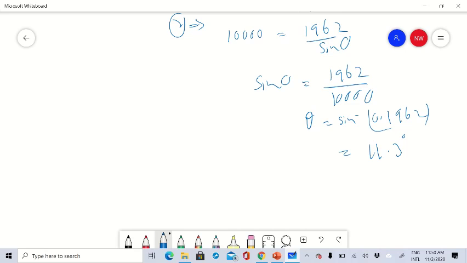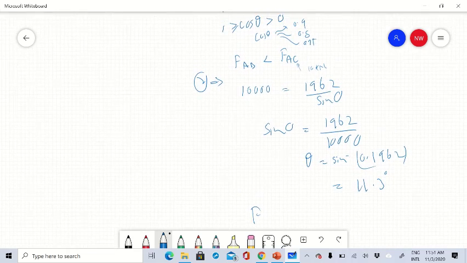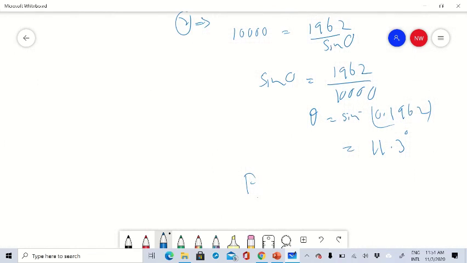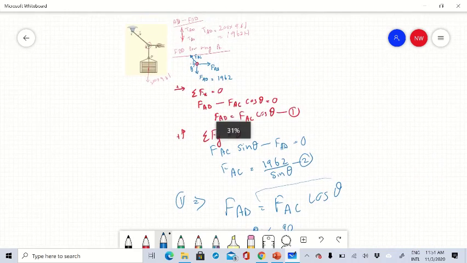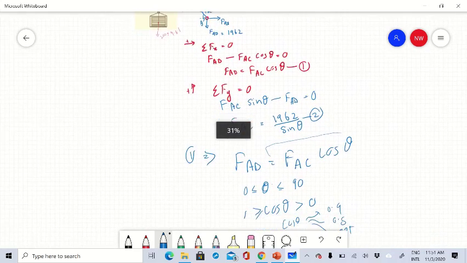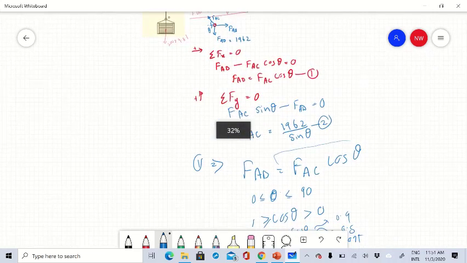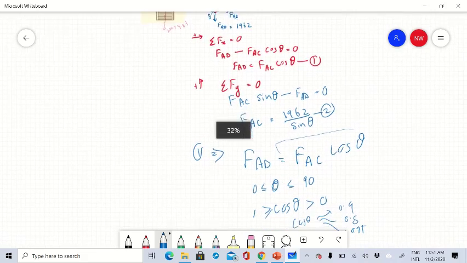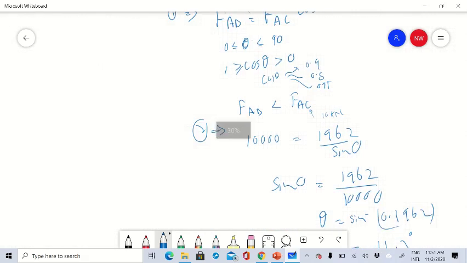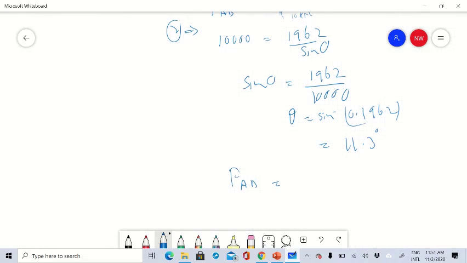So if you want, you can find the AB force also. From our first equation, FAB is equal to FAC cos theta, right? So FAC is now 10,000 newtons, FAC cos 11.3 degrees, right?